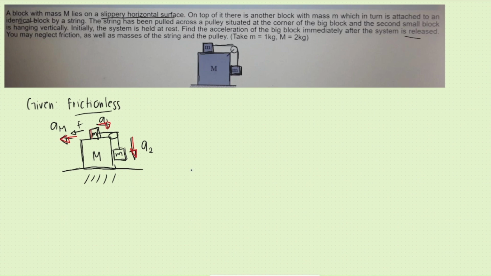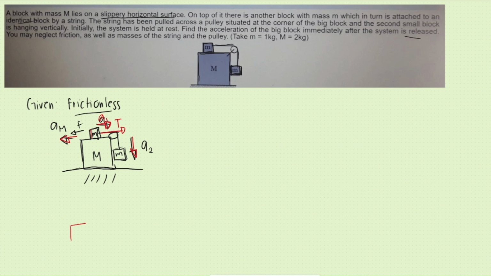Okay, now let's solve for the first FBD, the free body diagram of the small mass m, this block here on top of the big M. So we have a tension T, and it's moving directly towards the right with acceleration a1, right?